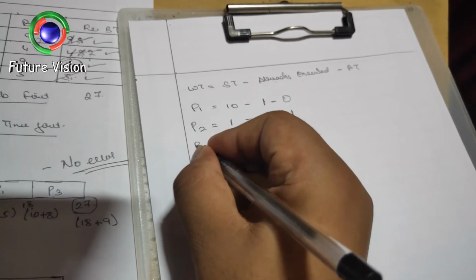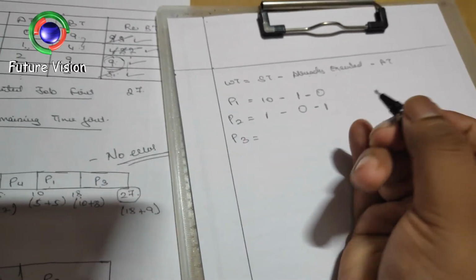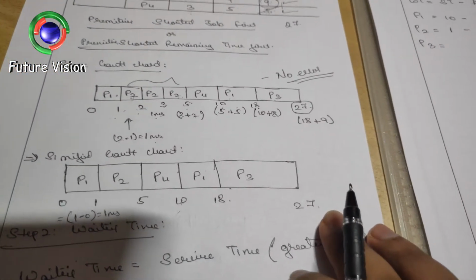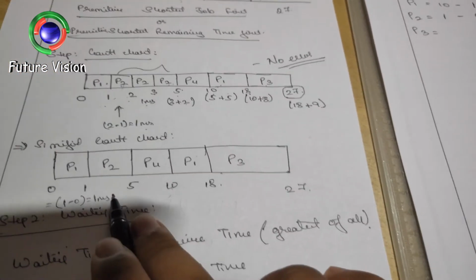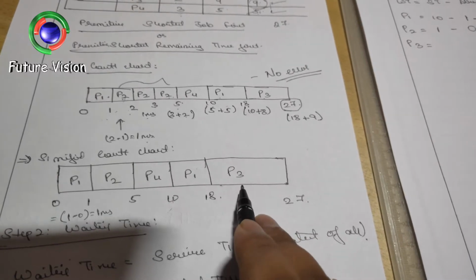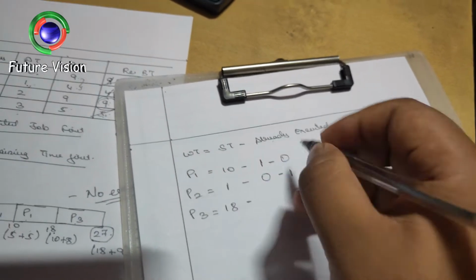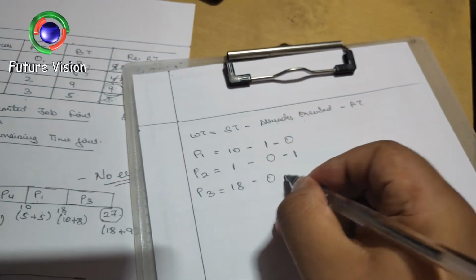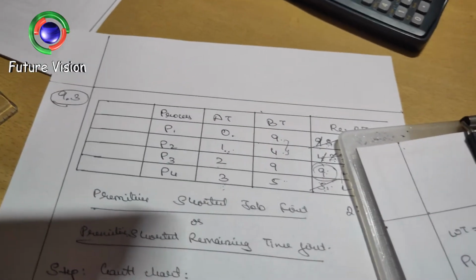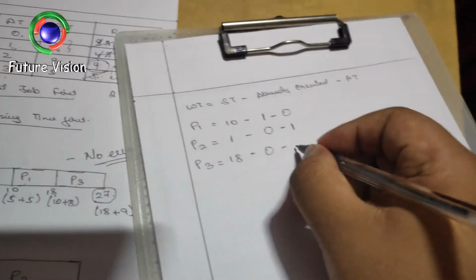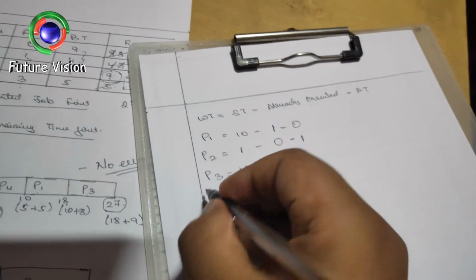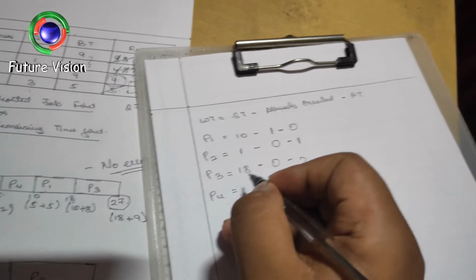Now next we take up P3. We have to figure out the service time. P3 service time is 18. There are no two occurrences of P3, so we simply take 18, minus already executed 0. The arrival time of P3 is 2. Write it down, 2. Next we take P4.